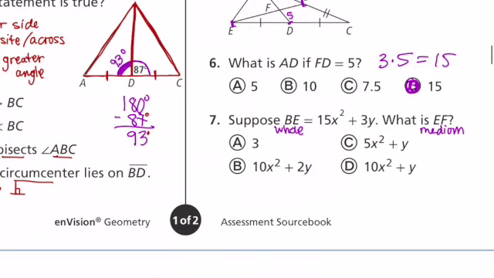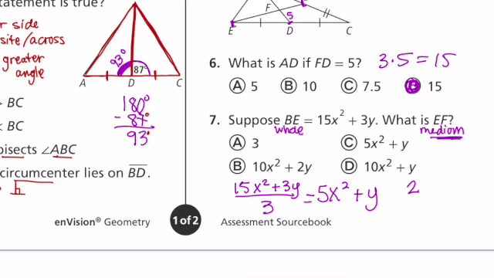So we're going to divide this thing by 3, because that's the small one piece, right? 15x squared plus 3y. We're going to start by dividing it by 3. And then we would get 5x squared plus y. But then we want the medium length, so now we're going to have to multiply it by 2.